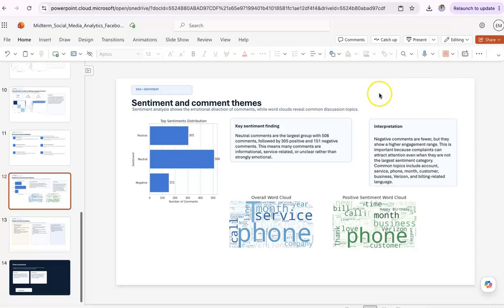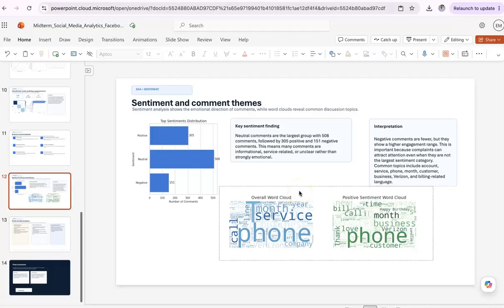This next slide talks about the sentiment analysis, and from what we can see, it shows that neutral comments are the largest sentiment group, as we can see from this visualization gotten from the notebook. Neutral comments are the largest group with over 508 comments, followed by 305 positive and 151 negative comments.